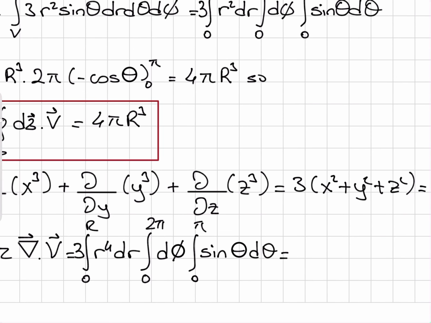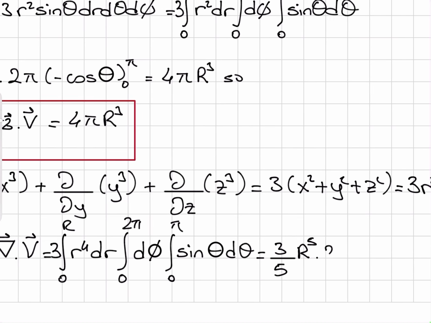So I'm going to get from the r integral capital R to the 5th power over 5, so 3 over 5 capital R to the 5th power. The phi integral will give me 2 pi, and the theta integral will give me minus cosine theta, evaluated between 0 and pi, which is another factor of 2.